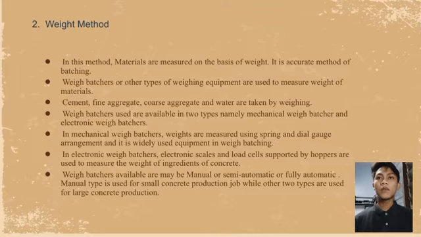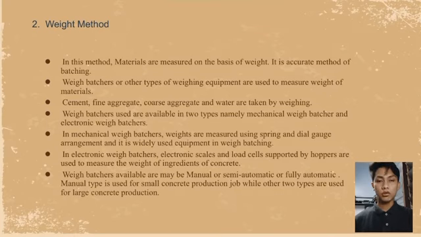In mechanical weight batchers, weights are measured using a spring and dial gauge arrangement, and it is widely used equipment in weight batching. In electronic weight batchers, electronic scales and load cells supported by hoppers are used to measure the weight of ingredients of concrete.